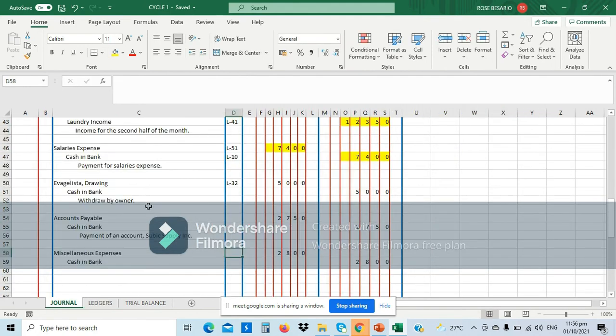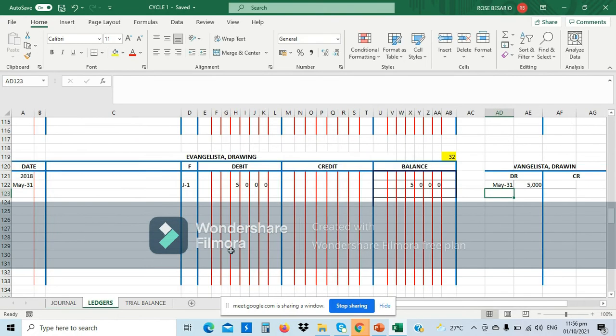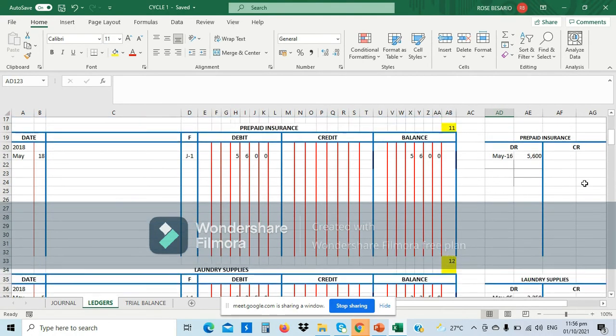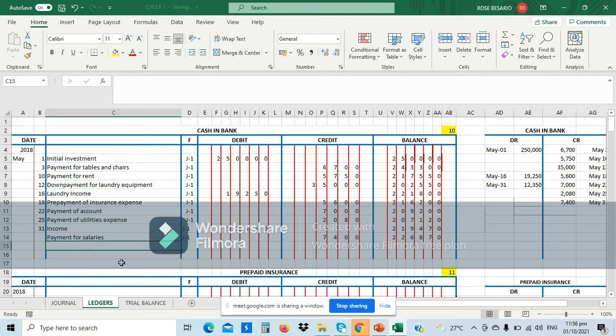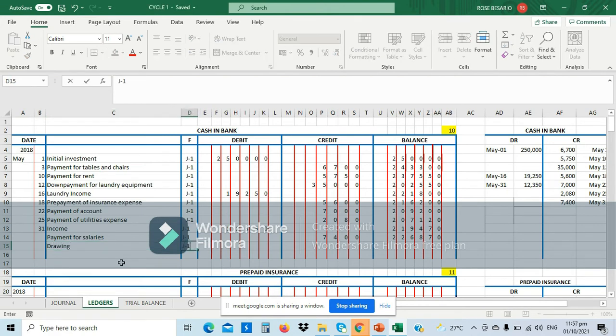Okay, then you have credit cash in bank. So this is to be transferred to L-10. Okay, so go to your cash ledger. So, drawing from J-1, debit, it's 5,000.